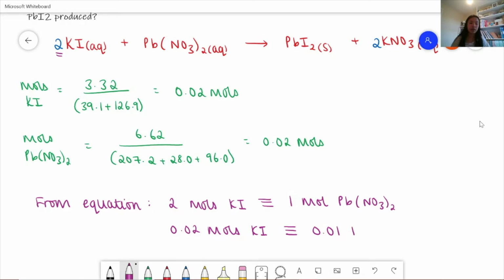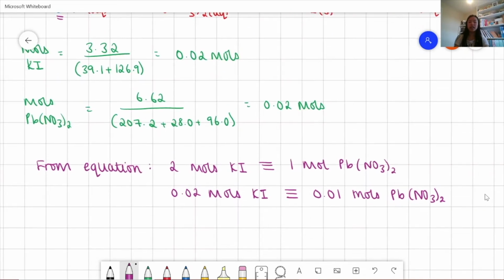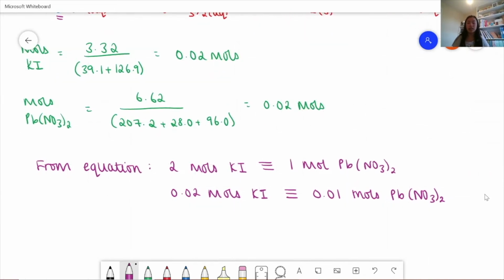And if we looked at a different scenario, if we had 0.02 moles of lead nitrate, starting off with the right-hand side this time, then this would react with 0.04 moles of potassium iodide, because this time it's a 1-to-2 ratio.